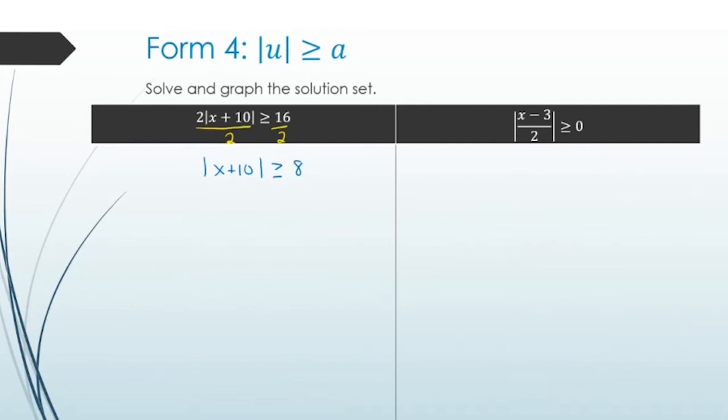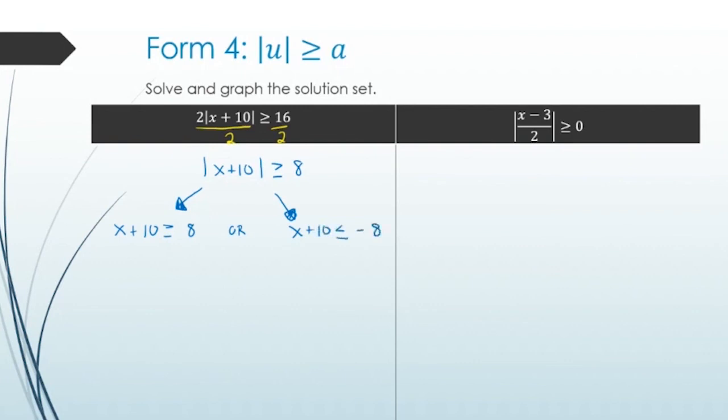Now I'm going to set up 2 separate inequalities: x plus 10 is greater than or equal to 8, or your second one, x plus 10 less than or equal to negative 8.